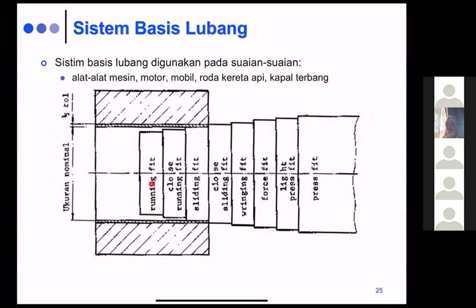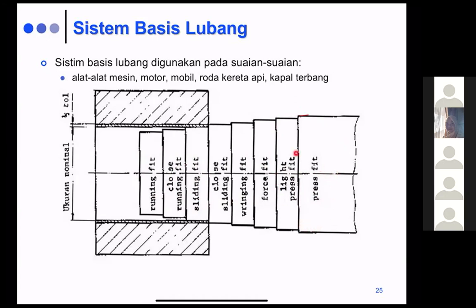Do you want a running fit, which is very loose, with clearance, or a close running fit, or a sliding fit, or maybe a press fit like this, a light press or press fit? This one would be the clearance fit, and around here would be the interference fit.